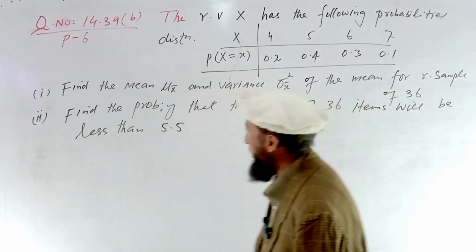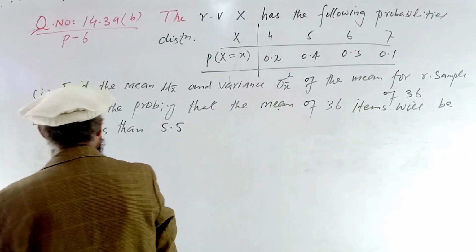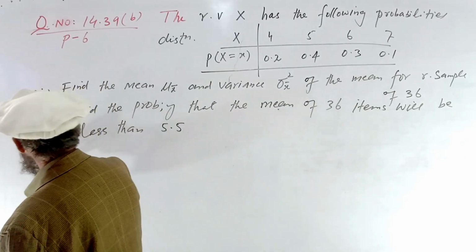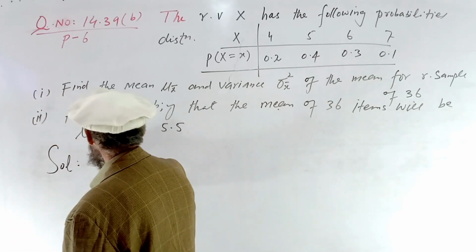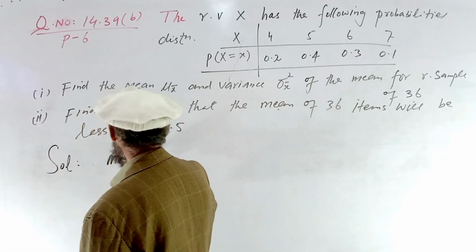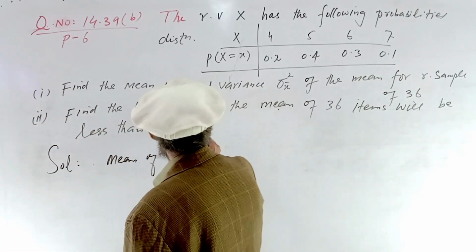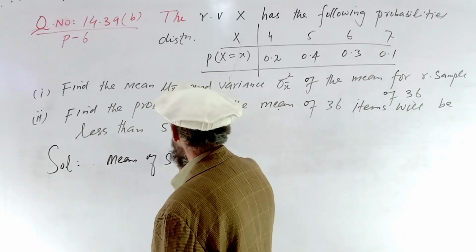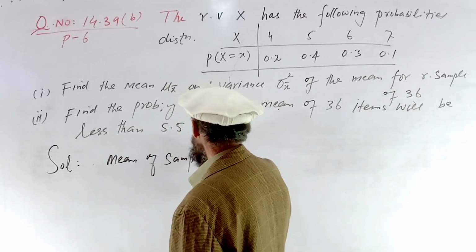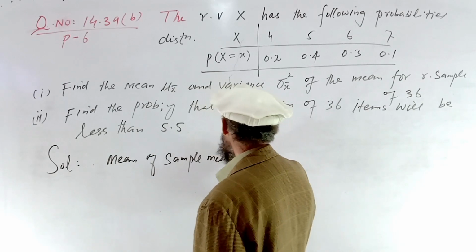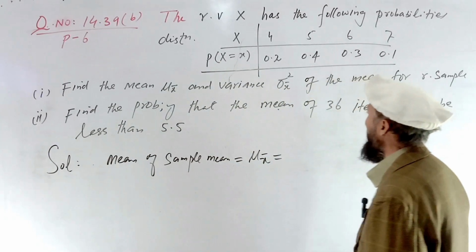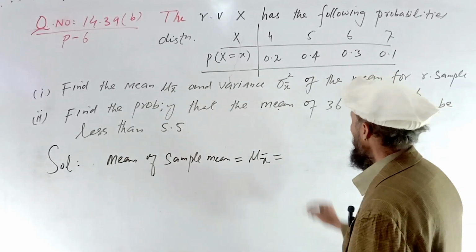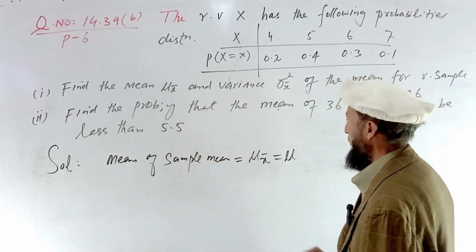So the first question, find the mean. According to the property we have already done, the mean of the sample mean, denoted by mu x bar, is equal to mu.